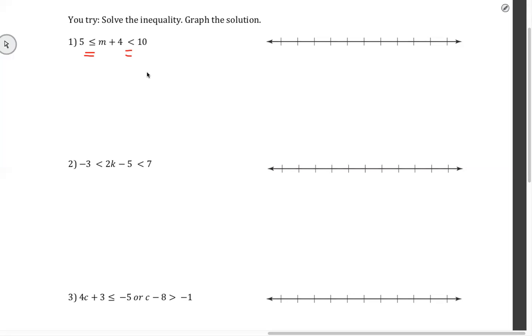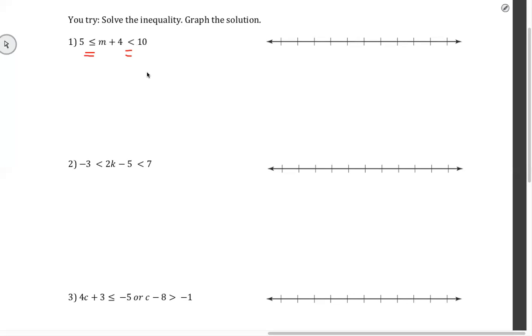One has a line under it and the other one doesn't. Now, why am I letting you know this? Because I'm trying to teach you, when you're taking a multiple choice test, like the Keystones, how to eliminate answers quickly. So up here, this one has a line under it, and this one is open.